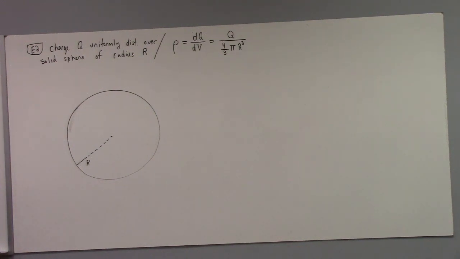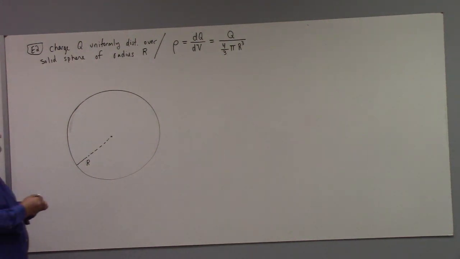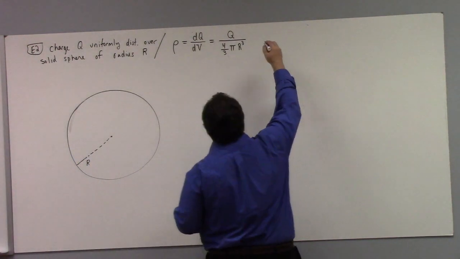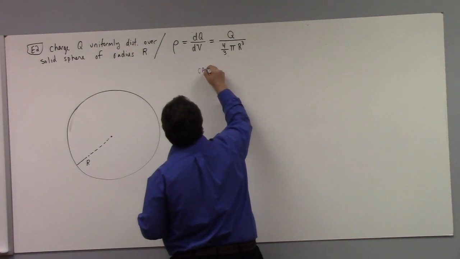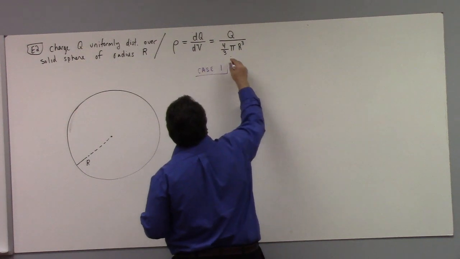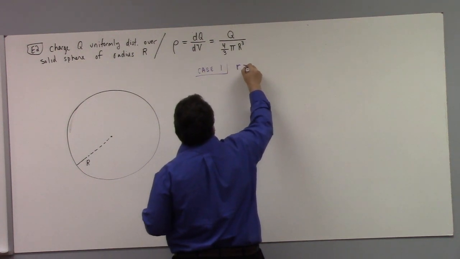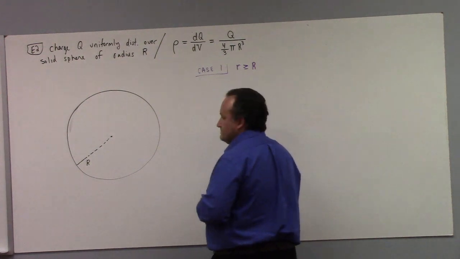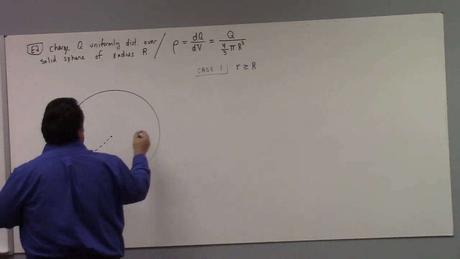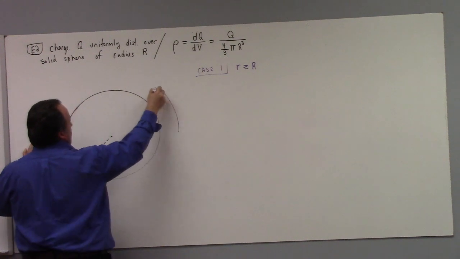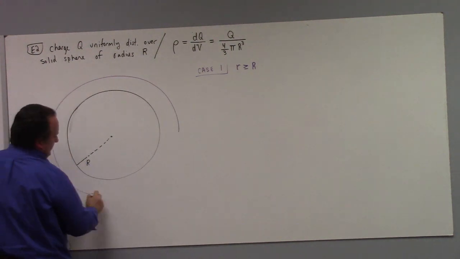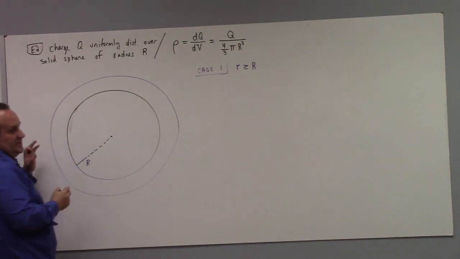All right. So there are two different cases we can think about. Case 1: little r greater than or equal to big R, right? If I think about a Gaussian sphere, which I'll illustrate by this circle, but understand this is a sphere.